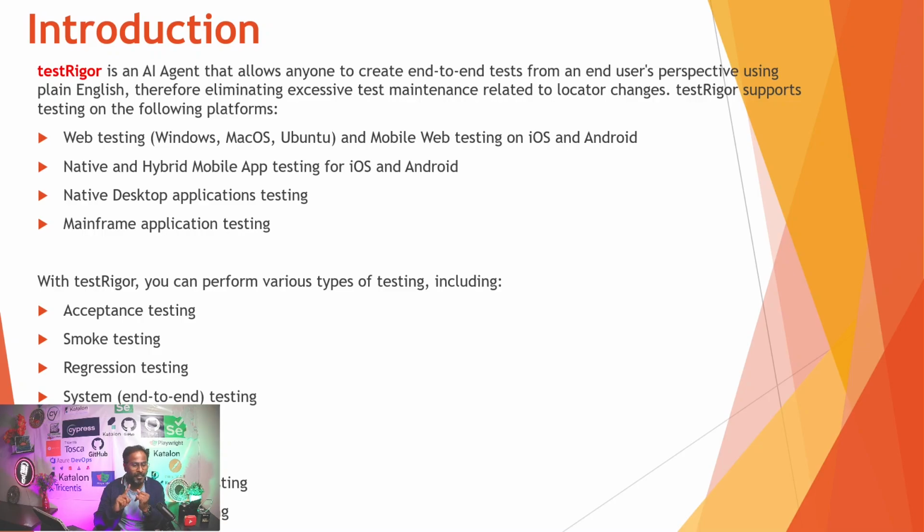You can perform acceptance testing, smoke testing, regression testing, system end-to-end testing, and also API testing, visual testing, and you can also automate the testing related to SMS and phone calls, and you can also automate two-factor authentication and captcha testing. By using the generative AI based test automation tool called testRigor, you can automate all these types of testing.